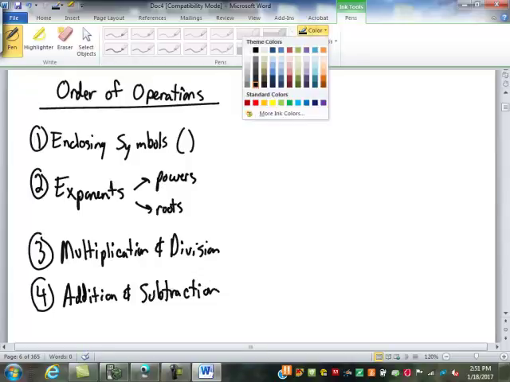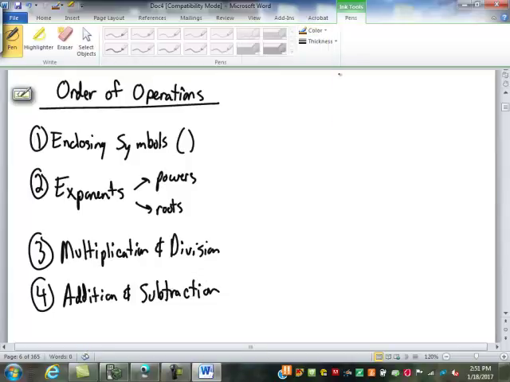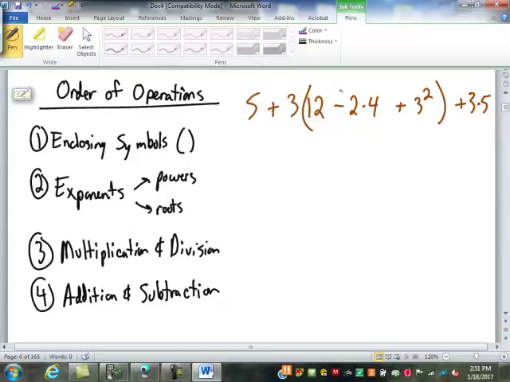So just some examples of problems that we run into. For a problem like this, what do we have to do first? So we start out at the highest level of priority. Do we have any enclosing symbols here?